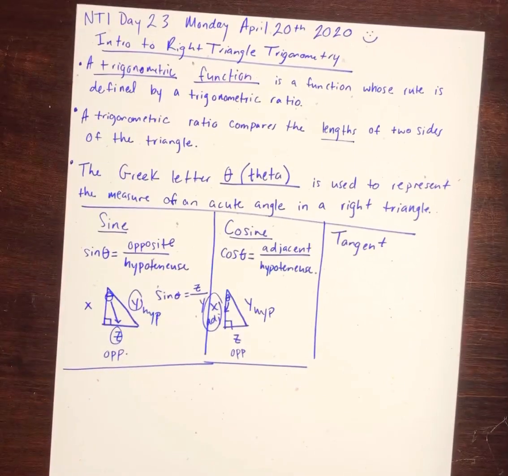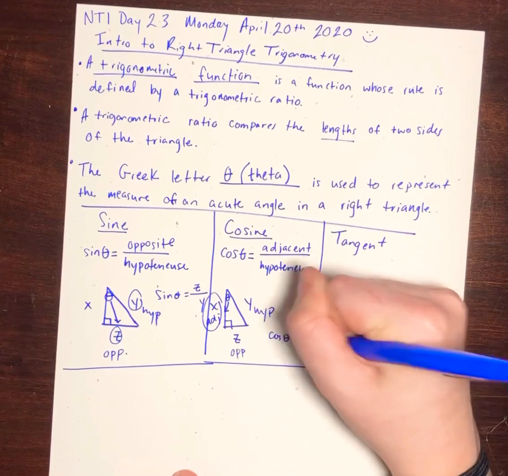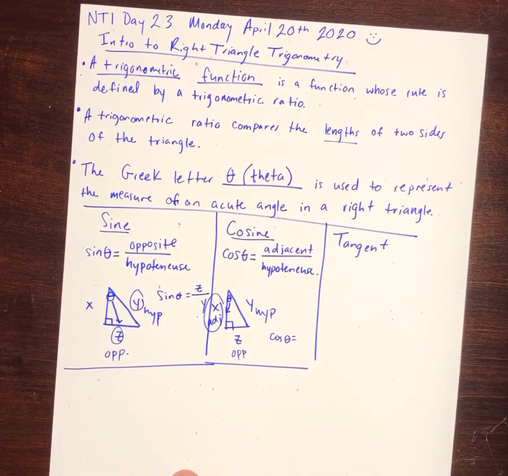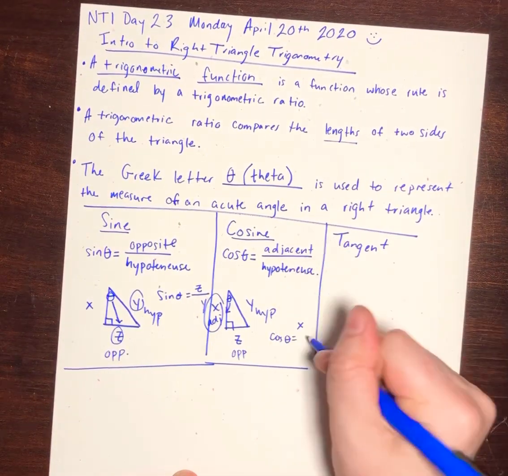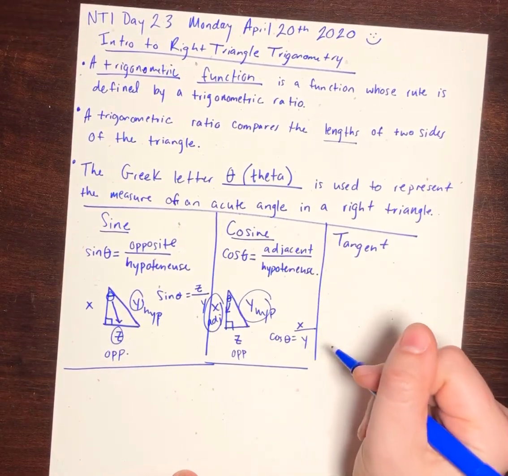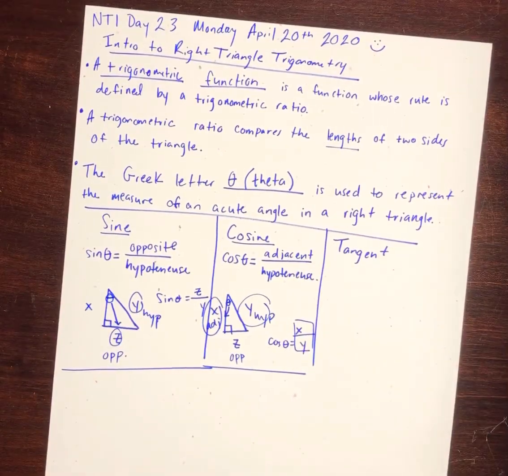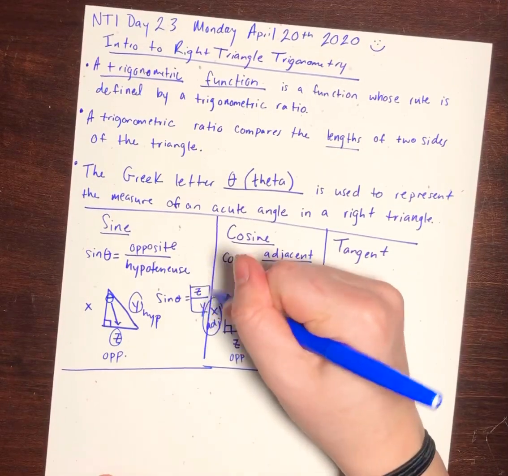It's its neighbor, kind of. So cosine theta in this scenario would be adjacent, which is X, over our hypotenuse, which is Y. So cosine of theta equals X over Y, where sine of theta equaled Z over Y.